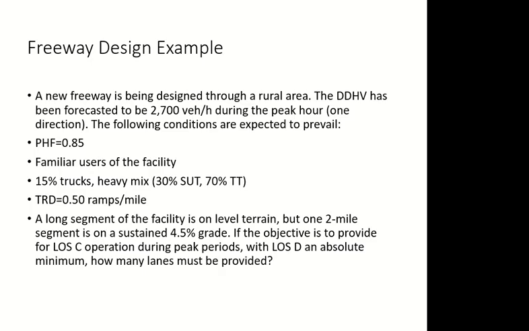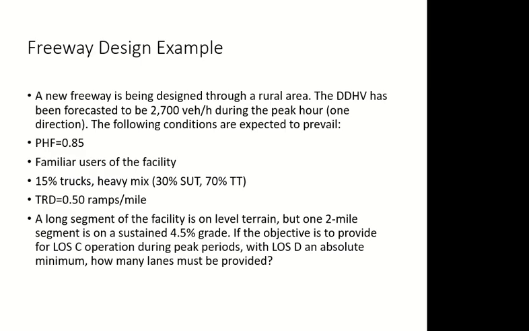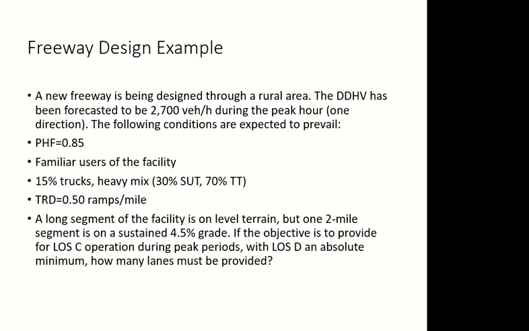Anyone? No one? The third one is minus 4.5%, downward gradient.